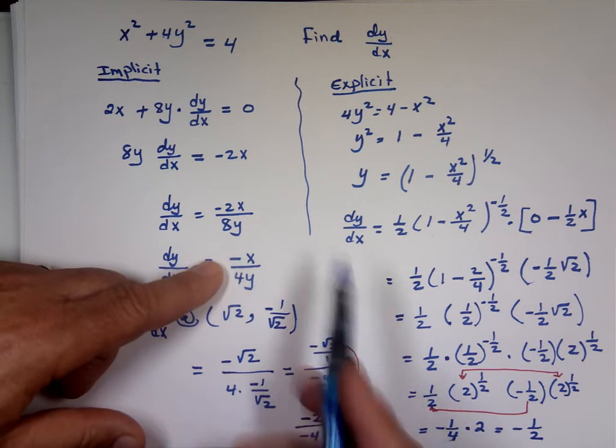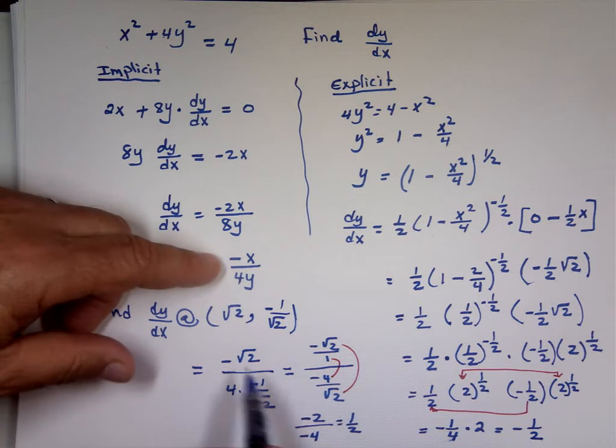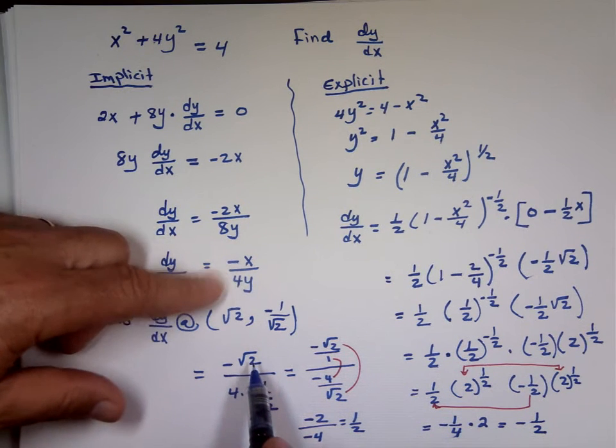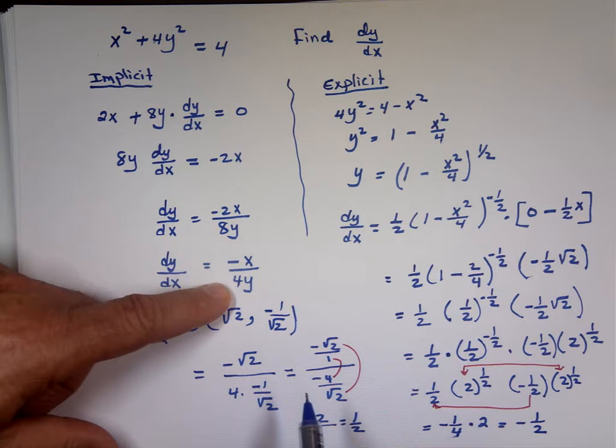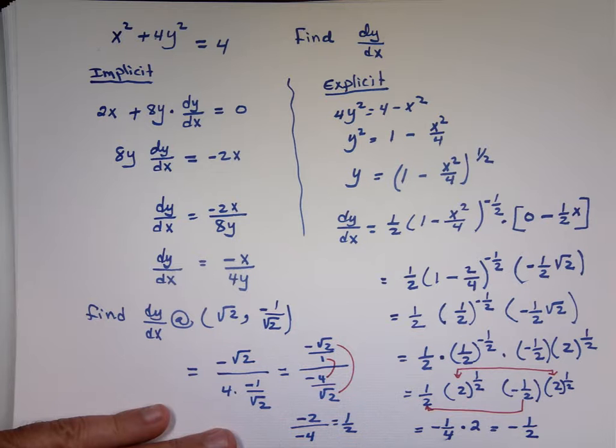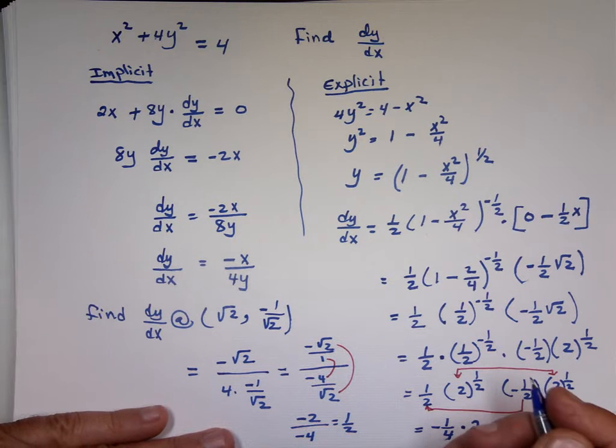Minus 2 times the square root of minus square root of 2. Usually if I make a mistake, I got to redo the whole problem. I'm missing a minus sign somewhere.